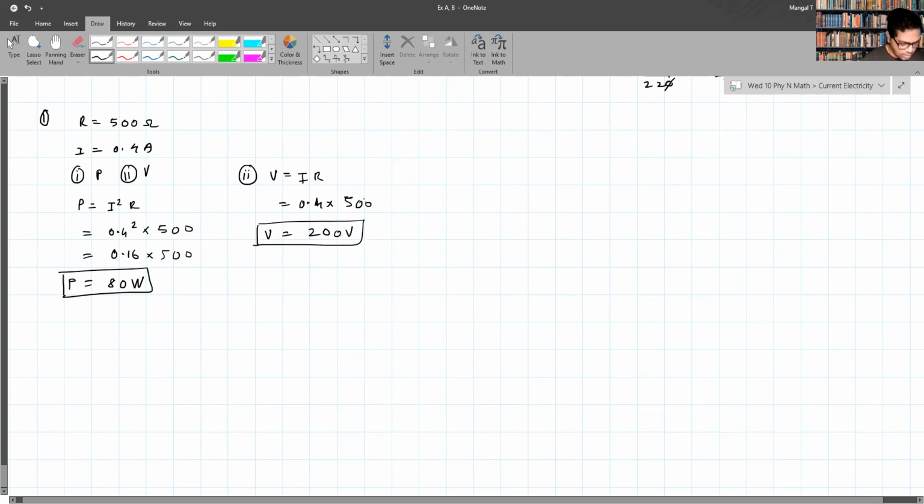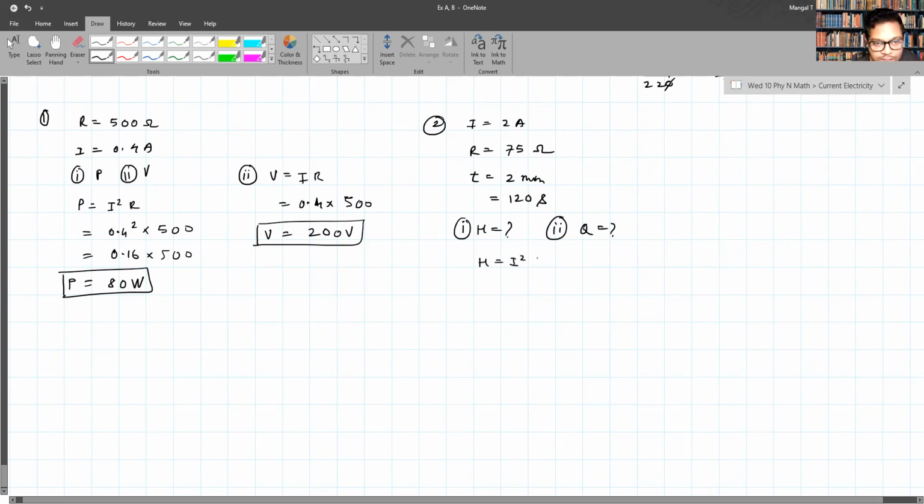Now the next thing is question number 2. The current is 2 amperes, so I is 2 amperes. Resistance is 75 ohms and time is 2 minutes, that is 2 into 60, 120 seconds. How much heat is produced? So heat they want, and the charge.